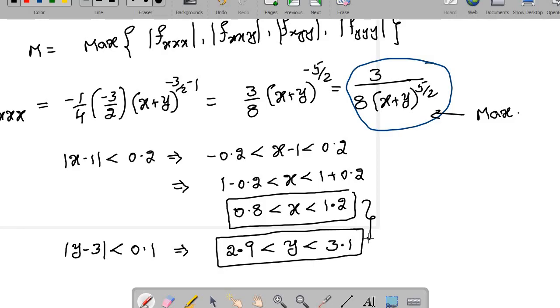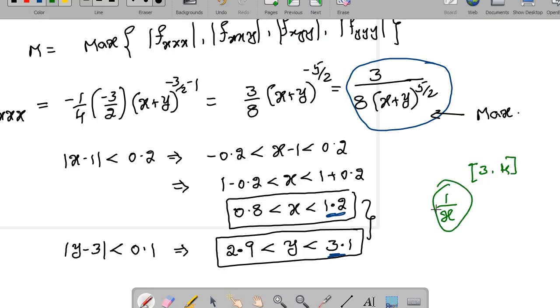When is it going to have the maximum? If you substitute the higher values 1.2 and 3.1, this will give you the minimum of it, because the expression is in the denominator. Let me explain simply. Suppose I take 1 by x over the interval 3 comma 4.